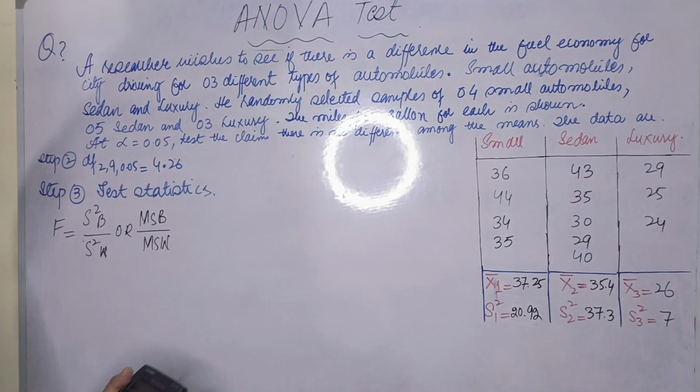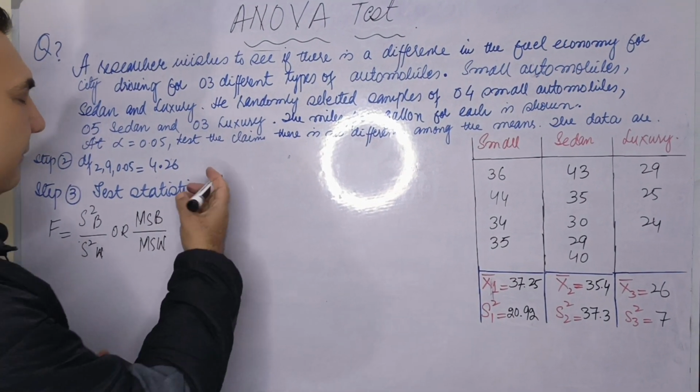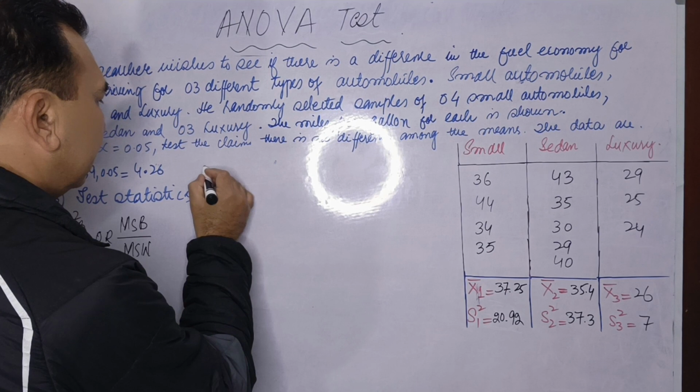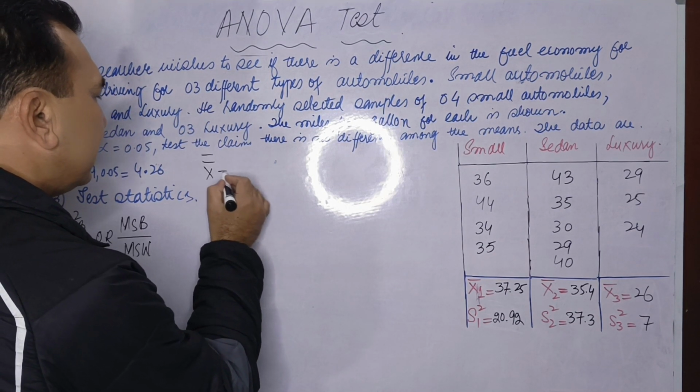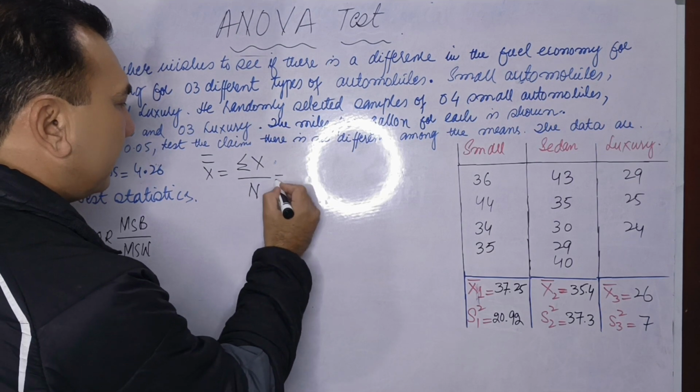Now we need the grand mean. What is the formula for the grand mean? Double x bar is equal to the sum of the x divided by n, the total population.